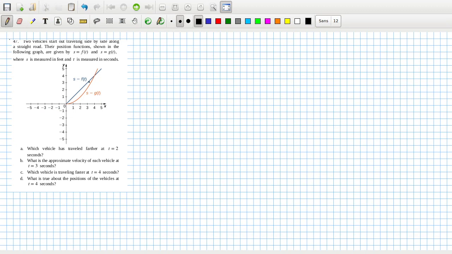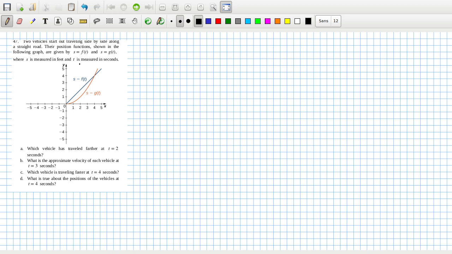Two vehicles start out traveling side by side along a straight road. Their position functions shown in the following graph are given by s equals f and s equals g. Okay. Which vehicle has traveled farther at 2 seconds?